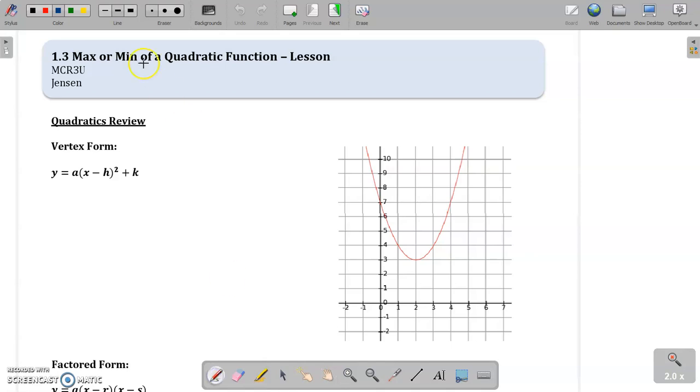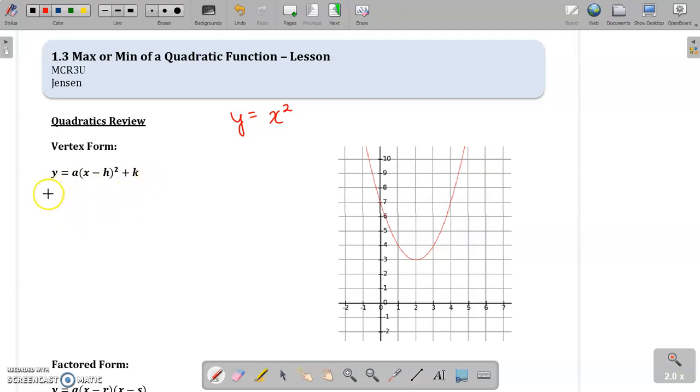So the first part is the vertex form. For the parent form of a quadratic, y equals x squared, it can be written in 3 different ways. In the vertex form, the equation looks like this.